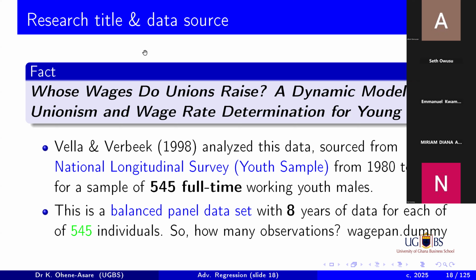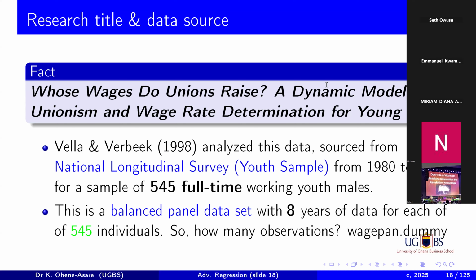So this data set, we have the data set and we are going to give a title to it. These data involve some individuals in 1998, and the data was sourced from the National Longitudinal Data for Youth.